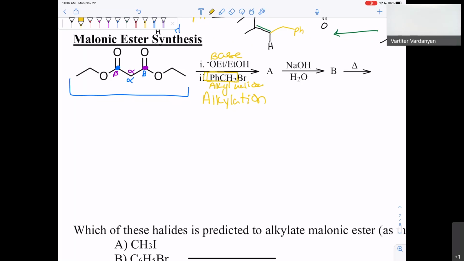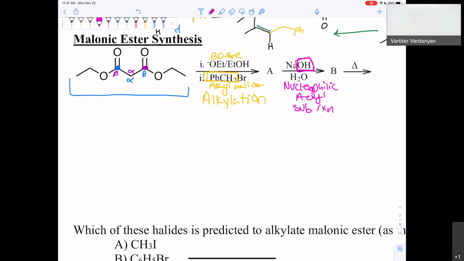And then in the second step, we have OH and H2O. So that looks really familiar to chapter 17, which was what kind of reaction? Yes, a nucleophilic acyl substitution. So this guy is being added.